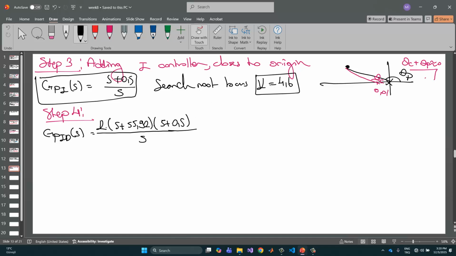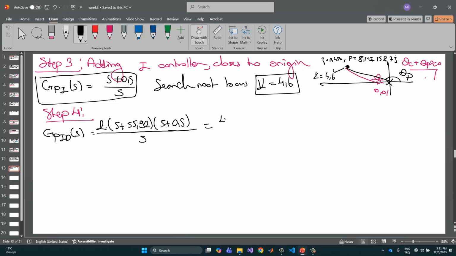We know that from the root locus, if we redraw the root locus based on this system, it will give us K 4.6, because in this case zeta is 0.5 and also the pole is equal to 8.12 plus minus 15.87j, and also the value of the root locus K is 4.6.